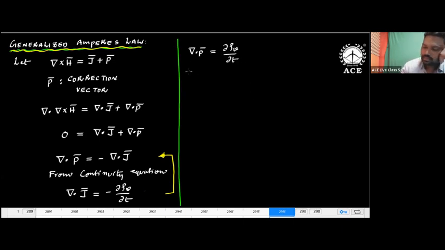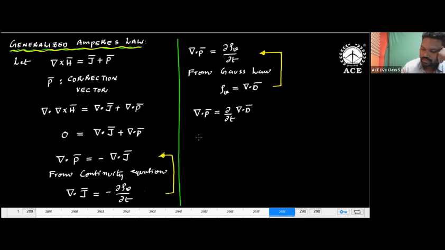From Gauss law, what is rho V beta? Rho V is equal to divergence of D beta. Substitute this one here. So what happens to the divergence of P? Is equal to dou by dou T of divergence of D. So divergence of P is equal to divergence of dou D by dou T.